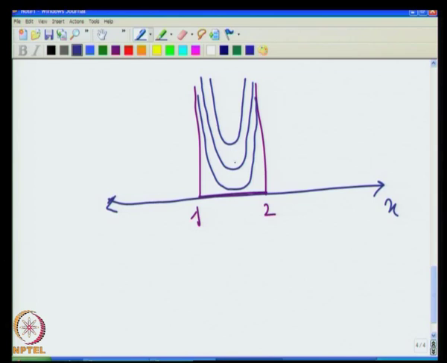During this process you would see that we are penalizing heavily as we move towards the boundary. So, if there is a way to control these functions, so that as we move along this direction, the functions that we get are good approximations of the function psi x that we are looking for.